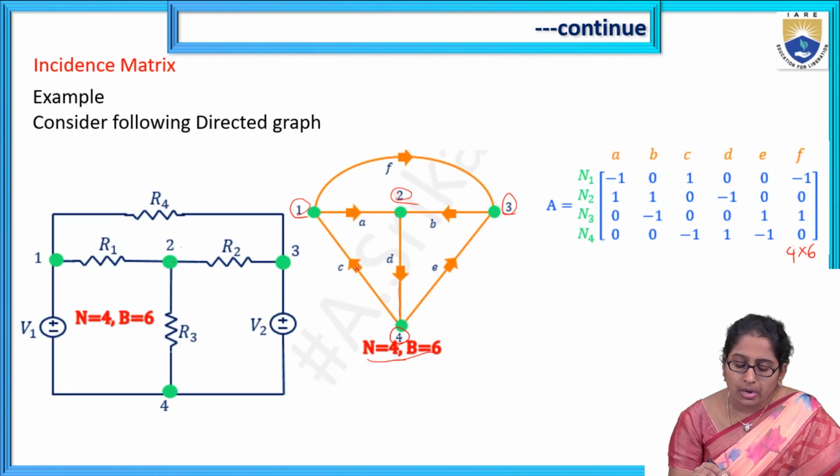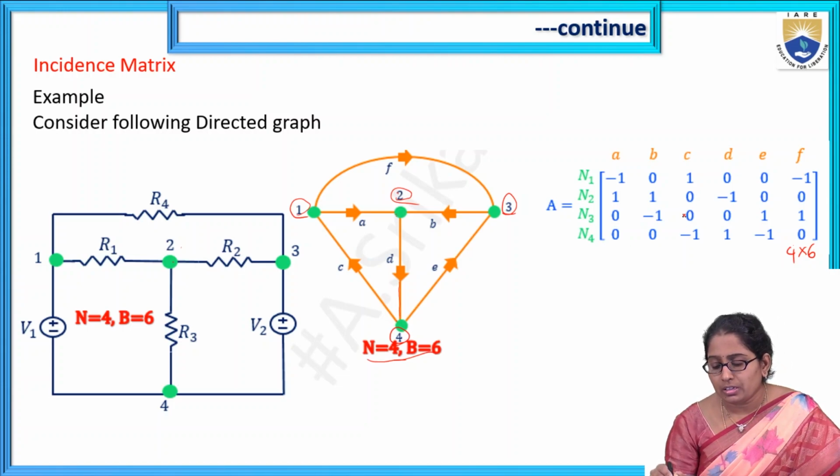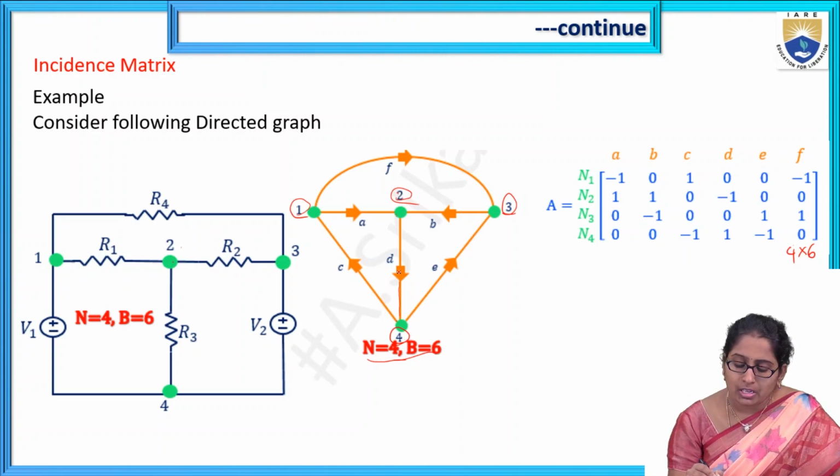Next, branch current C is connected between node 1 and node 4. It is entering towards node 1, so at node 1 it is +1. It is leaving from node 4, so there its value will be -1. The remaining two are zeros.